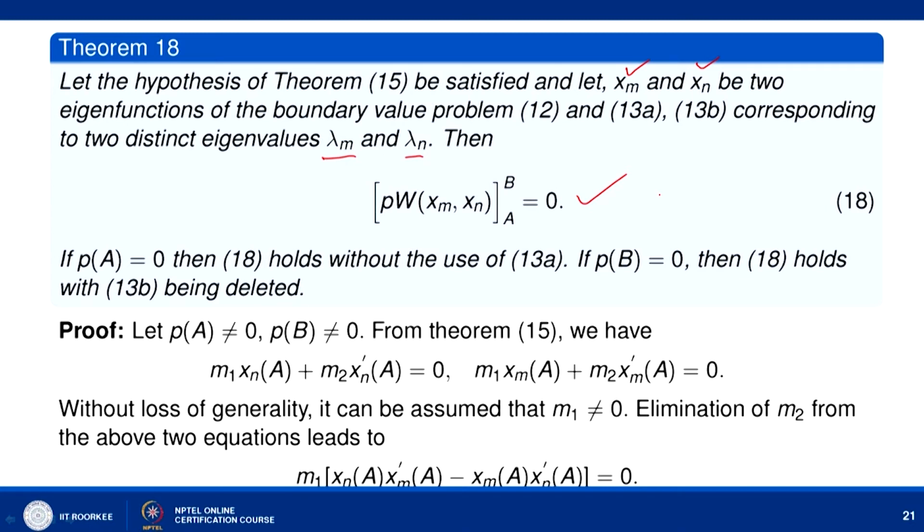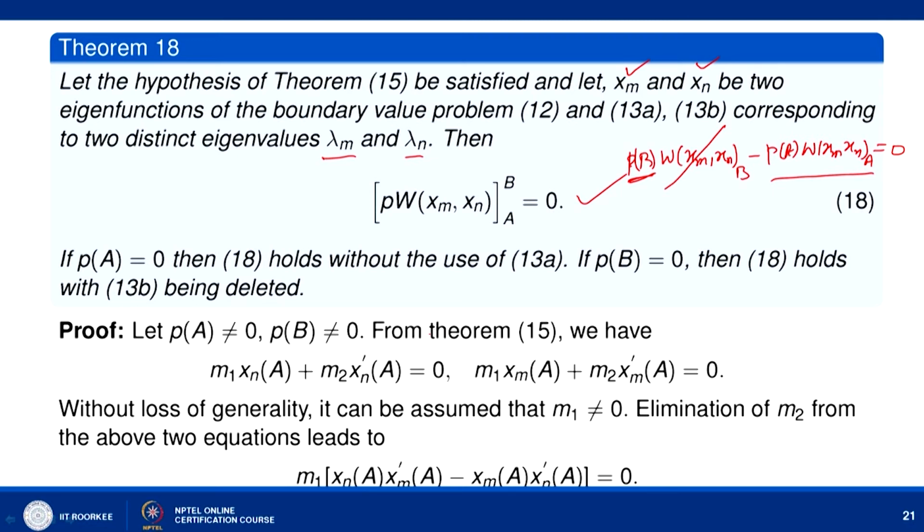In fact, let me write it here. This is p(b) times the Wronskian of xm, xn at b minus p(a) times the Wronskian of xm, xn at a is equal to 0. Now if p(b) is 0, then I need not use this, only this is sufficient.